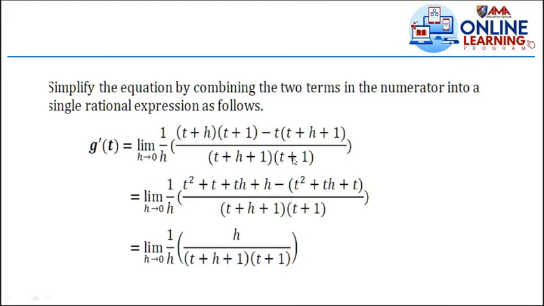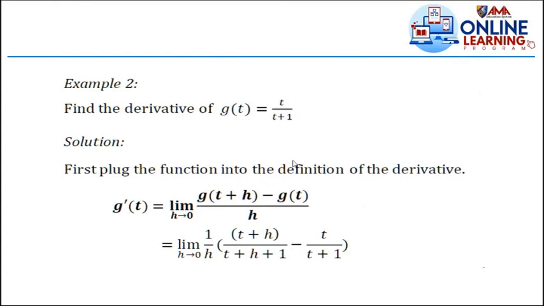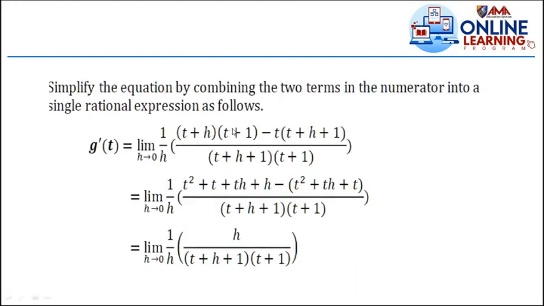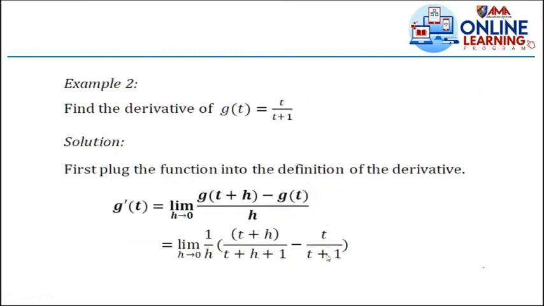Ito siya. Okay? So, t plus h plus 1 multiply by t plus 1 divided by t plus h plus 1, makakancel na ito. What's left will be t plus 1 and then multiply by t plus h.